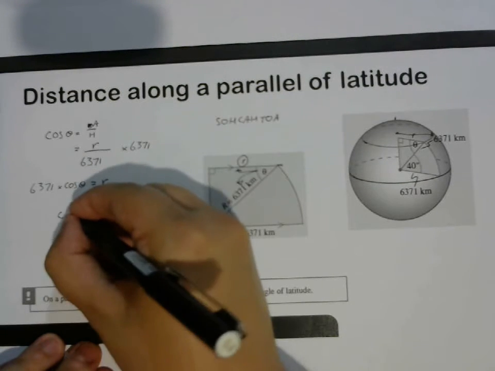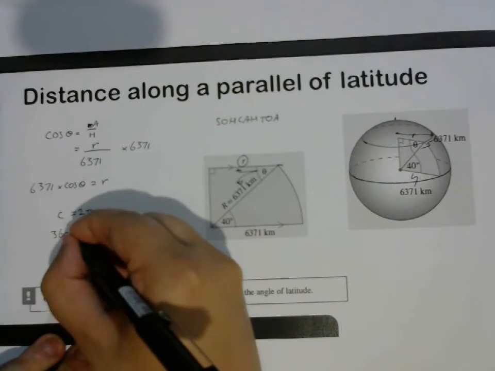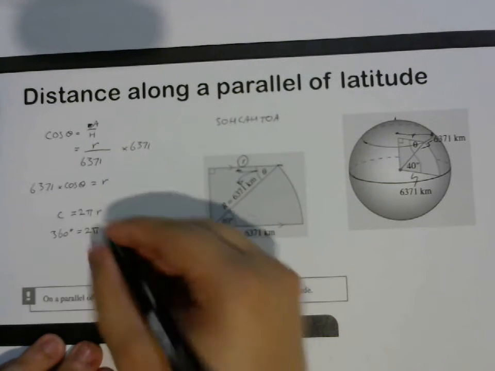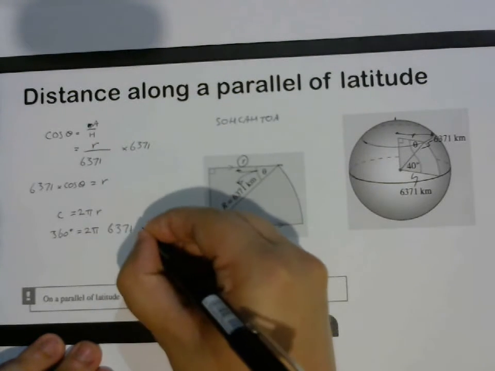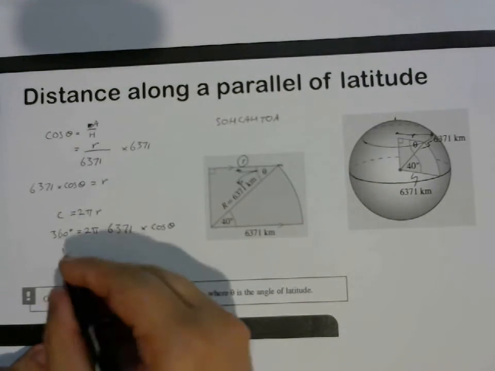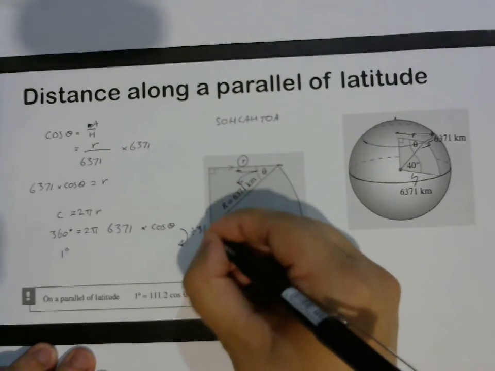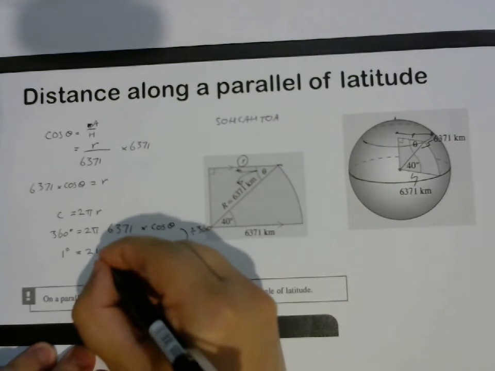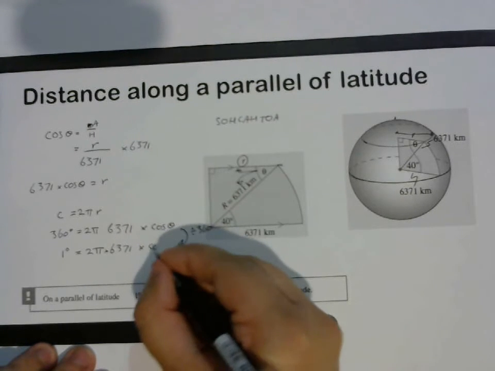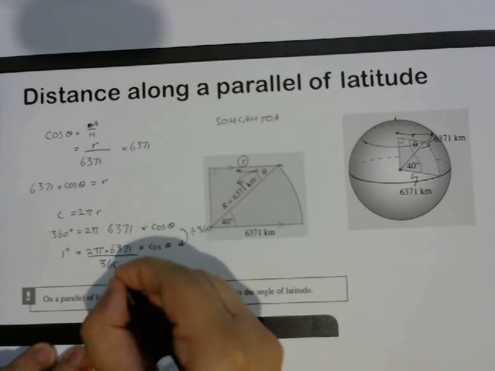Now again, circumference equals 2 pi r, and we know that the circumference is 360 degrees. The radius now is going to be this calculation, 6,371 times cos of theta, and again I want to find 1 degree, so I divide both sides by 360. So 1 degree is going to be 2 pi times 6,371 times cos theta divided by 360.